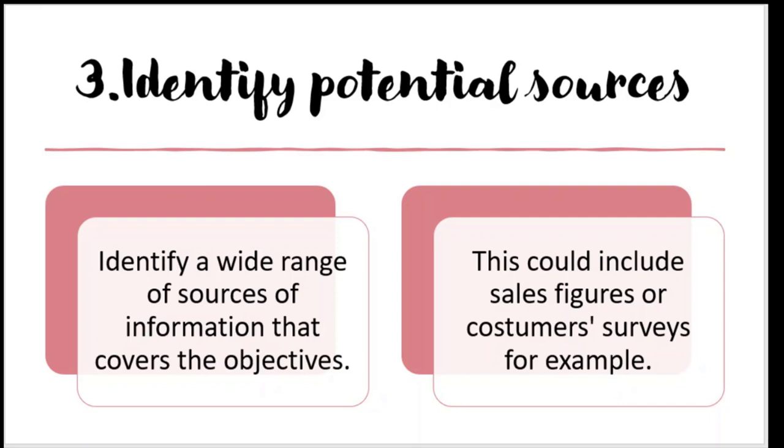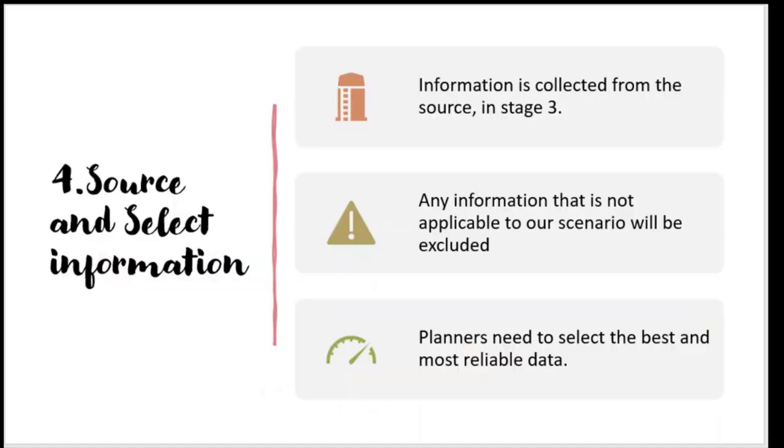Okay, awesome. So the next one is source and select information. Now, obviously, this is related with stage number 3, okay? And in here, now that you have all of these amazing sources and all of this amazing information, you're going to select the ones that are applicable to your scenario, and then you're going to exclude anything that is not.